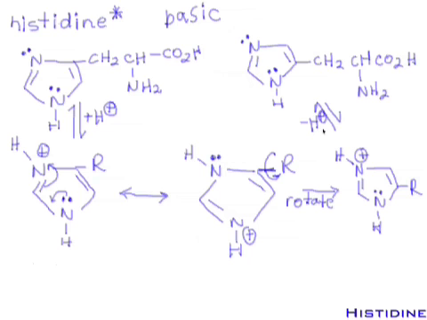What do you call it when you shift pi electrons and lone pairs and you move one or more protons? These two structures are different, but they are related. They are tautomers. The process is called tautomerization, and we will look at that more closely later on.